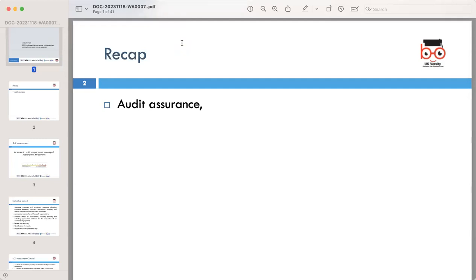So what does the assurance involve? Here's where the auditor comes into play. Auditors are like financial detectives. They examine all the financial records to make sure everything adds up, just like when a child counts their toys to make sure none are missing. Auditors count a company's financial details to ensure nothing is overlooked.